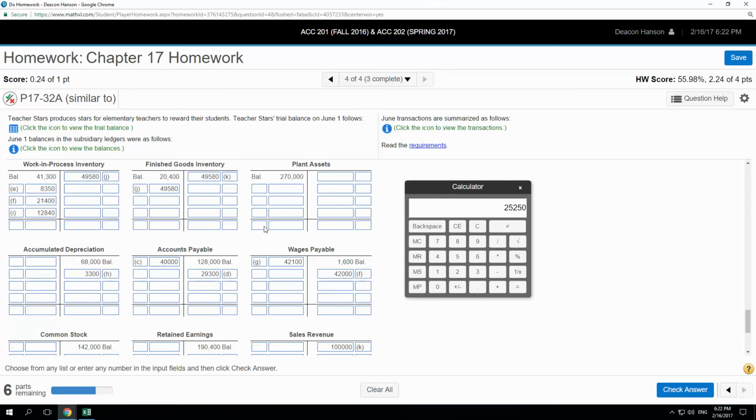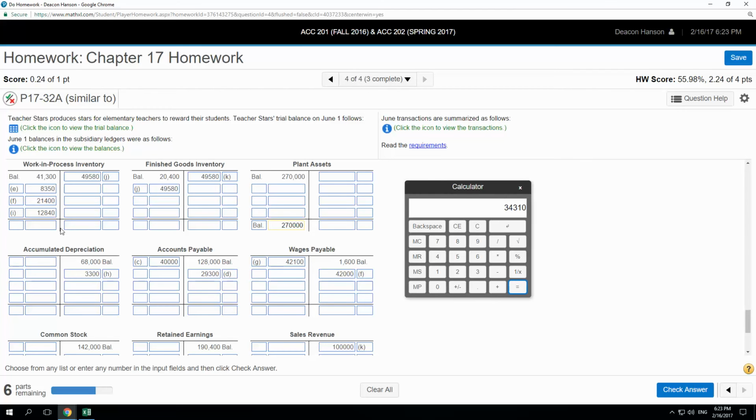Some of them we can just drop down, like plant assets. Nothing happened to that. Go back to work in process. 41,300 plus 8,350 plus 21,400 plus 12,840 minus 49,580.